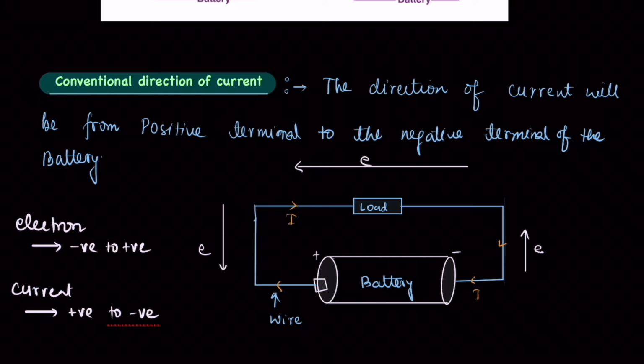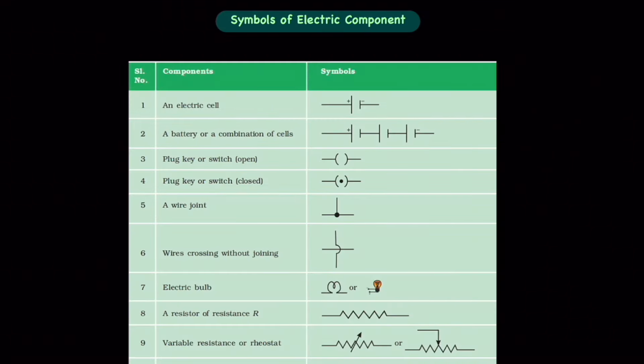Now we will see the symbols used in the electric circuit. This is a table of symbols of electric components. Here, an electric cell is drawn as one bigger line and one smaller line. The bigger line is the positive terminal and the smaller is the negative, and there is a gap between them. It is always a bigger line for plus and a smaller line for minus.